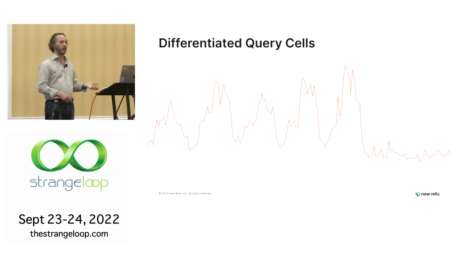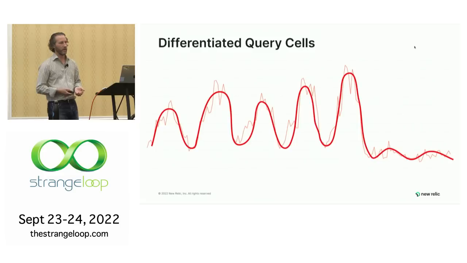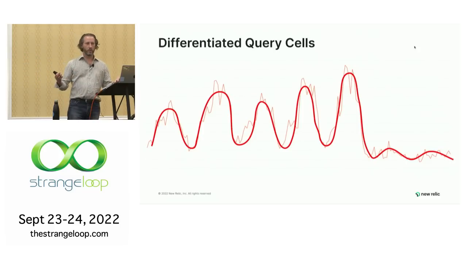And then we are looking at actually deploying multiple types of query cells for different types of workloads. To kind of explain what motivates that, this is a chart that represents a typical week of query workload at New Relic. In the large, there's this daily pattern, which is the normal day-to-day.